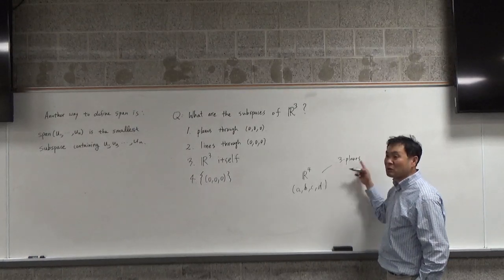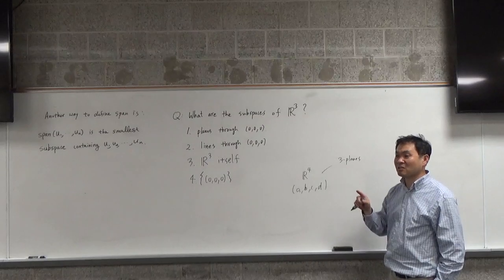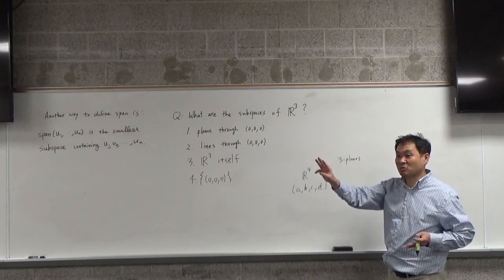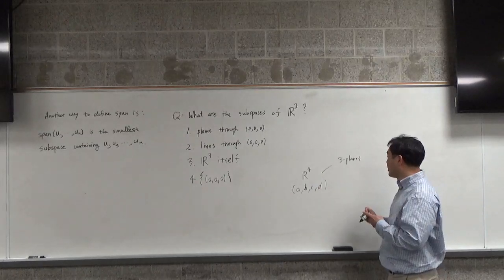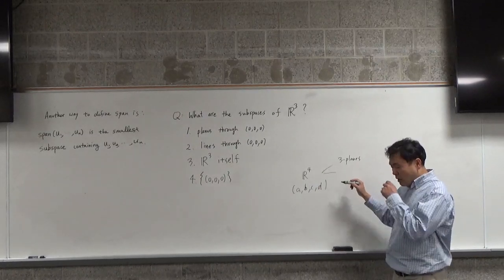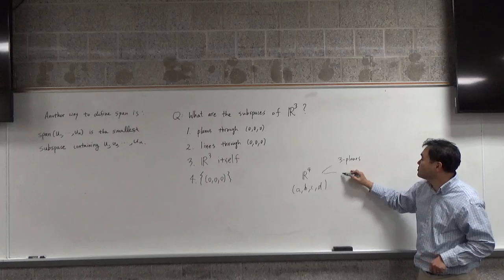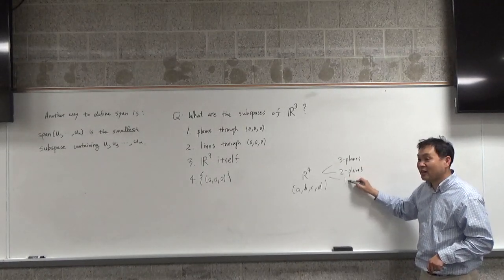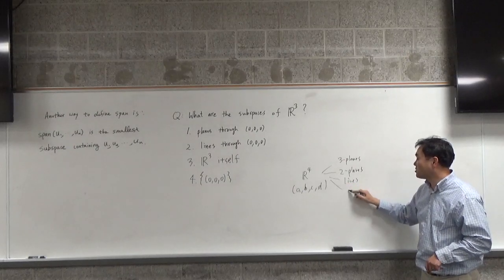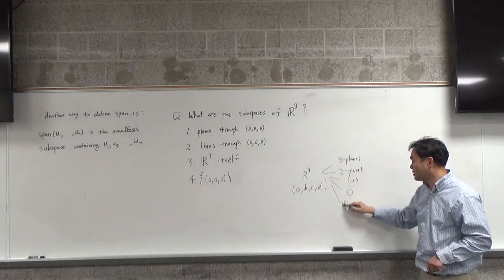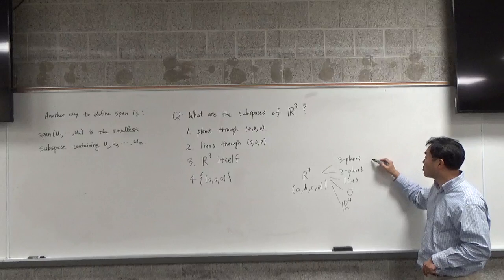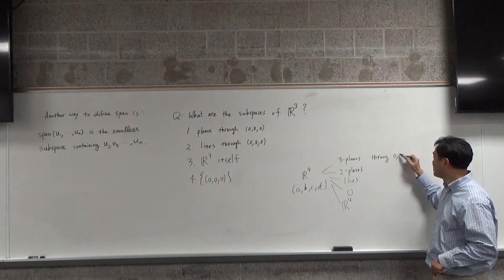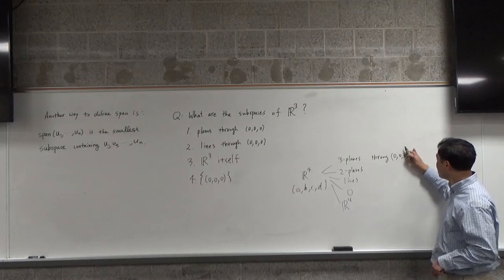We call that 3 planes, but what I really mean is a linear flat space that's 3-dimensional, right? And it could also be 2 planes and lines and this single point and R4 itself, right? All of these have to go through the origin, 0, 0, 0.